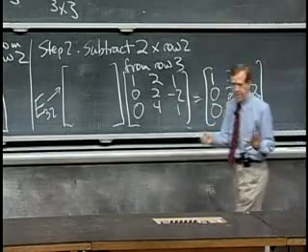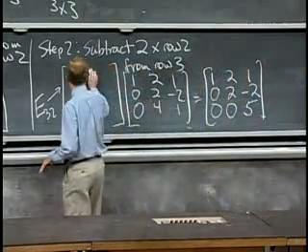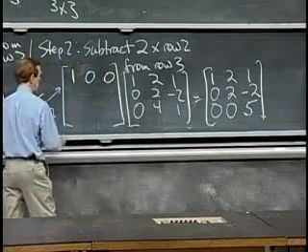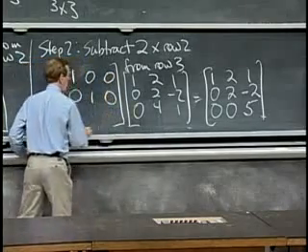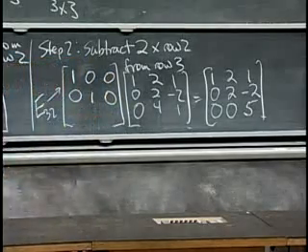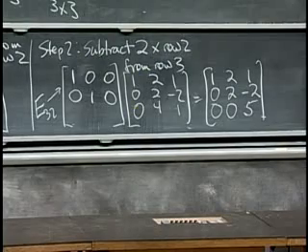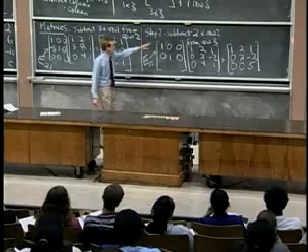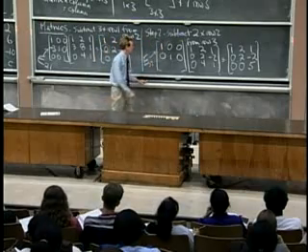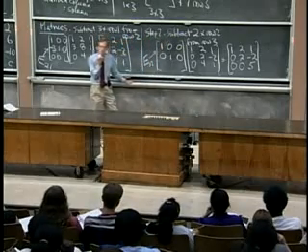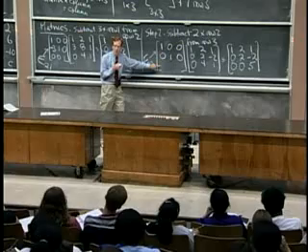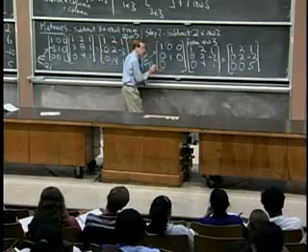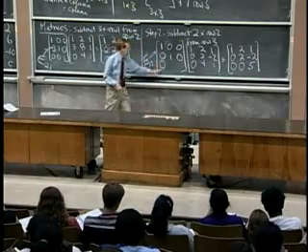1, 0, 0, right? Because we don't change the first row, and we don't change the next row either. The last row is the one we do change. I subtract 2 times the second row, so what's this entry? 0, because the first row is not involved.